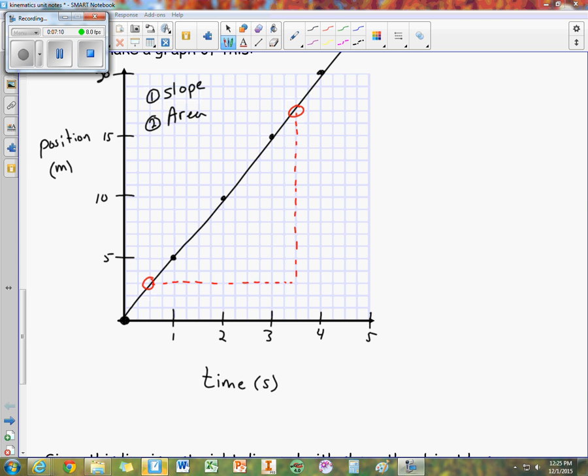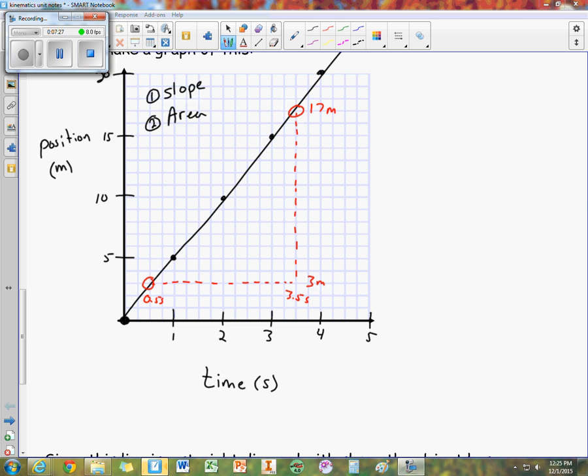So here I have a position of 17 meters, a position of 3 meters. Here I have a time of 3.5 seconds, and here I have a time of 0.5 seconds.